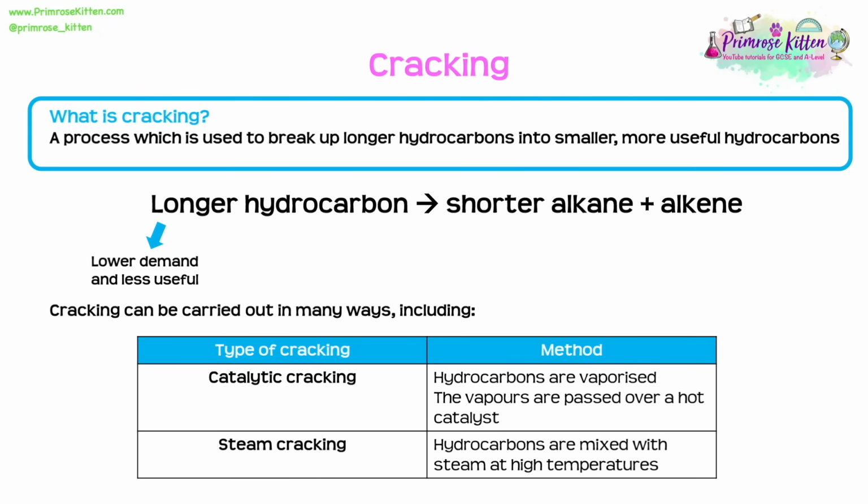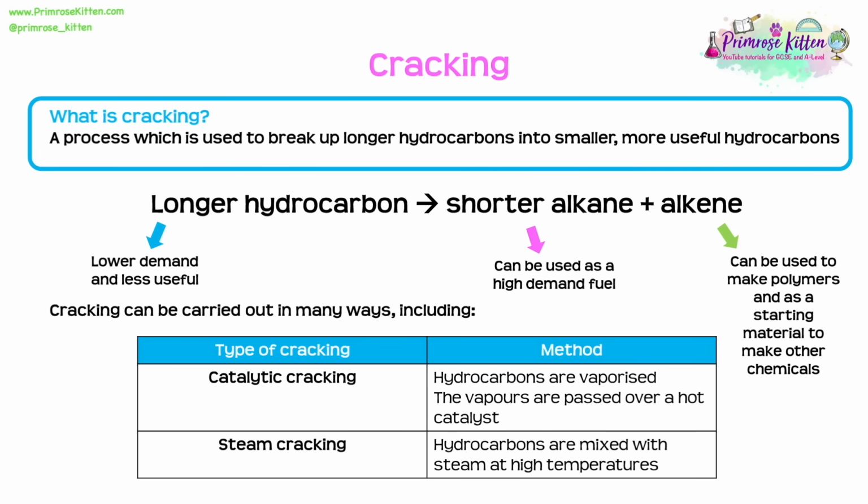Now we need to know that the longer hydrocarbon has lower demand and is less useful. And the whole point of why we're cracking it is because we can make a shorter alkane, which can be used as a high demand fuel, and an alkene, which we can use to make polymers, and we can also use it as a starting material to make other chemicals.